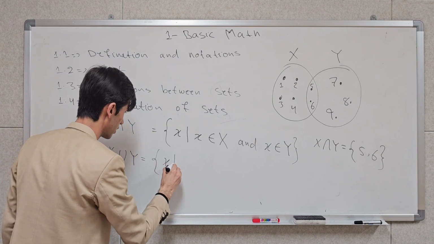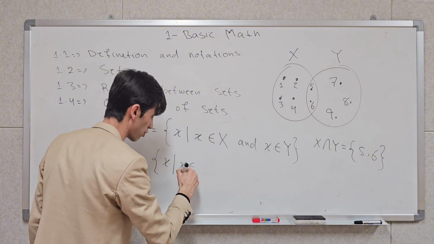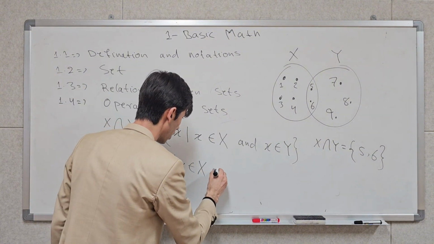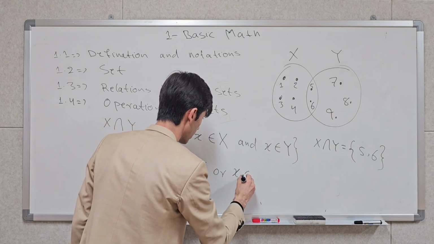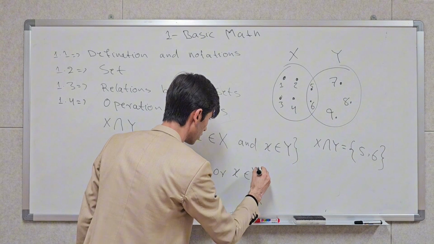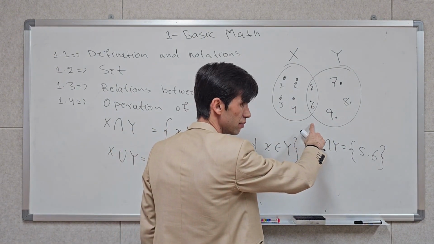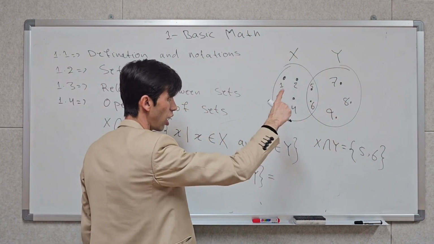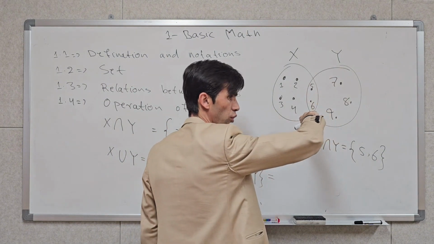x such that x is in set X, or x is in set Y. Again, with the same example, the union of these two sets are all the numbers that we have either in X or in Y or in both.